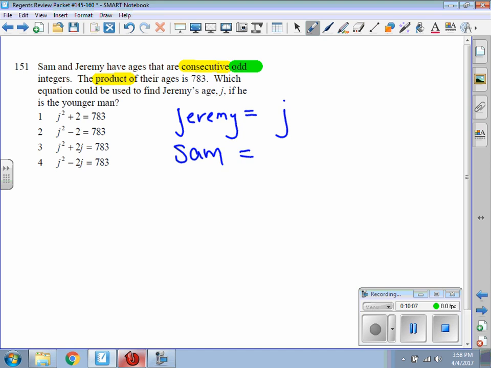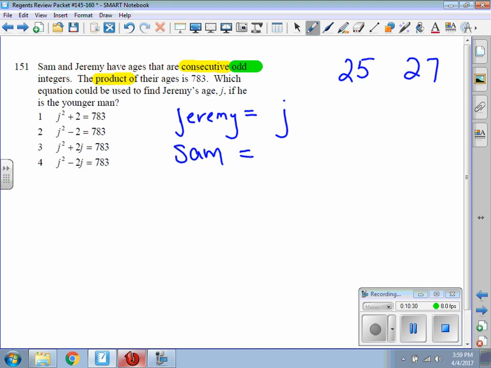If Jeremy and Sam's ages are represented by consecutive odd integers, it means their ages could be like 25 and 27. Those are both odd integers, and they're consecutive because they come right after the other. 25, 26, 27. 25 and 27 are the two that are close together.